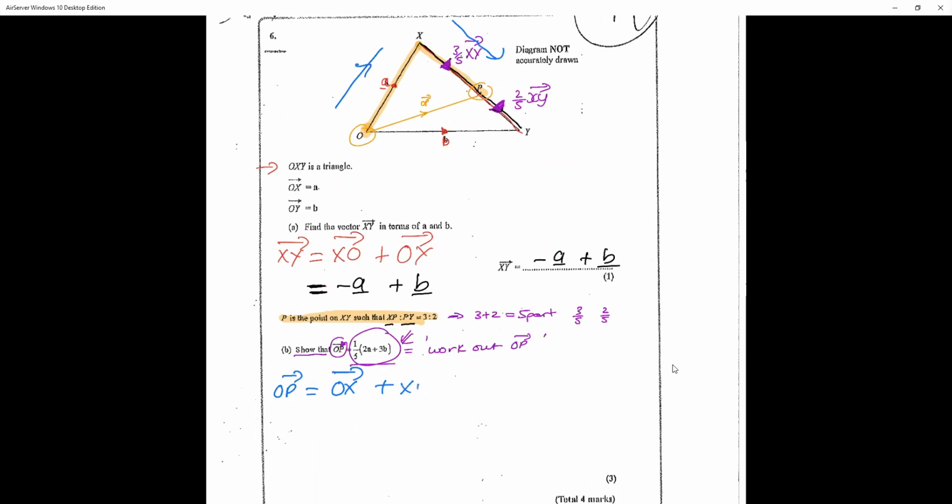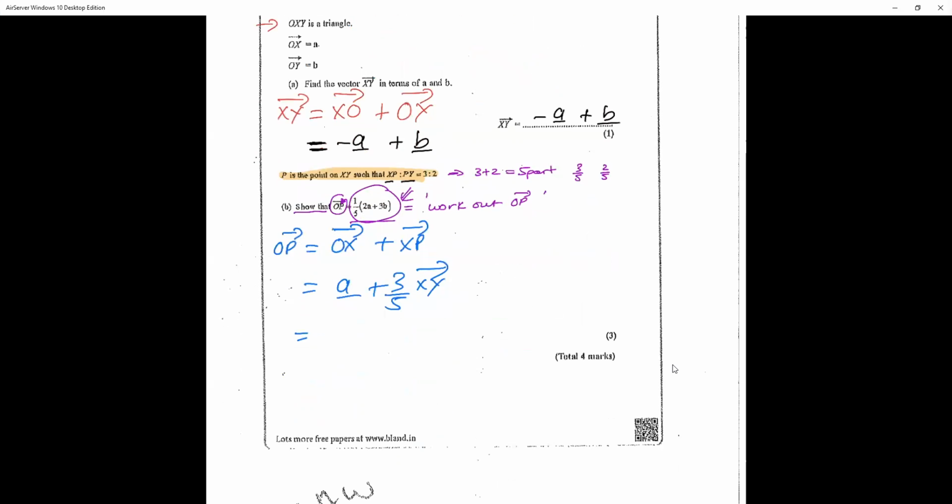That's right. So X to P. Lovely. What's O to X? O to X is A. And what is X to P? 3/5 of X to Y. Okay, lovely. And what's X to Y? Minus A plus B, which you worked out on the previous part of the question.